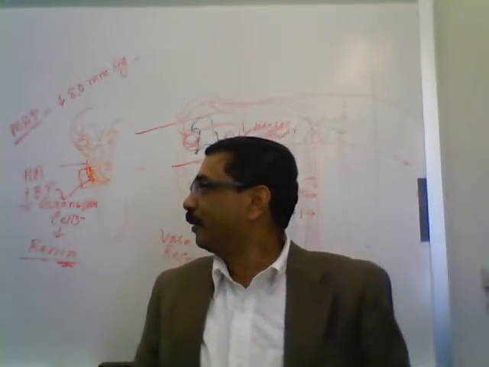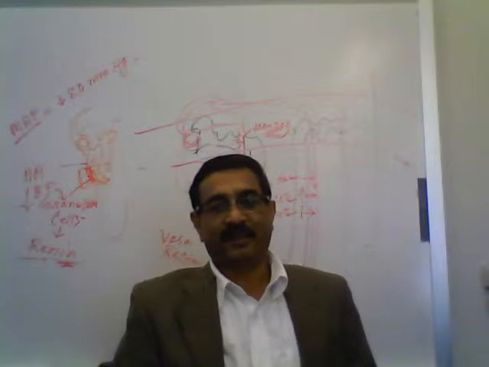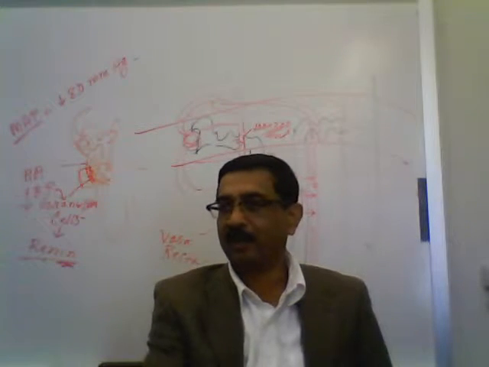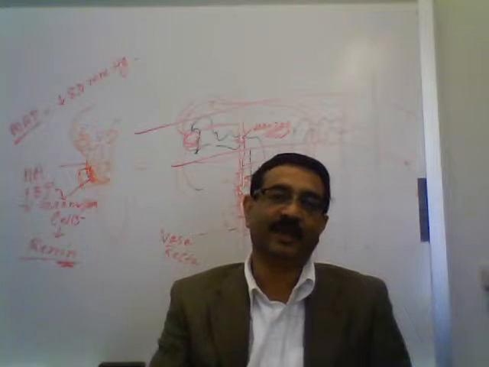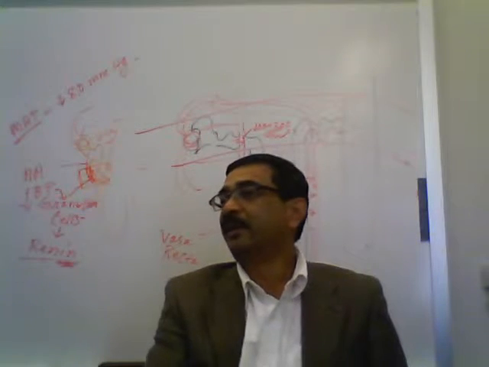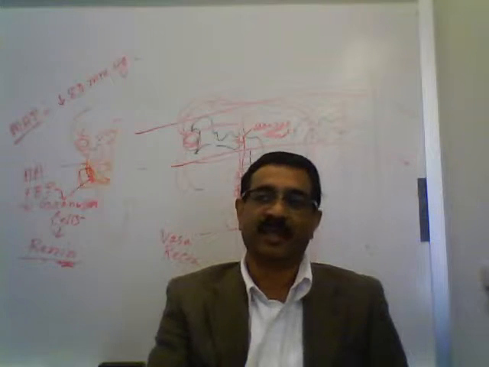Bladder has three layers. If you see the wall of the urinary bladder, the innermost layer is the epithelial layer, which is formed by transitional epithelium.